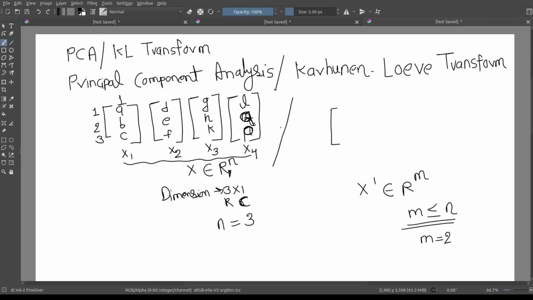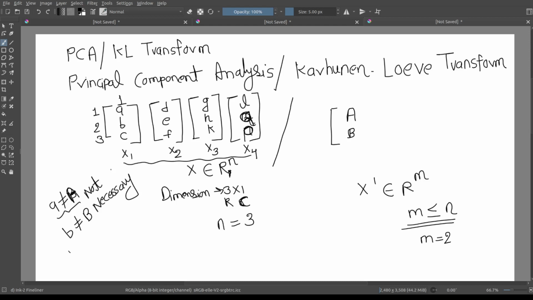Now I will create the transformed vectors like this: A, B, where A is not equal to B in general, though by coincidence it can be equal.